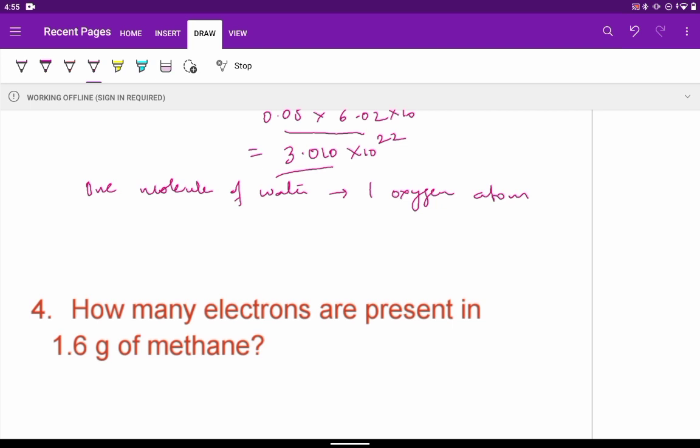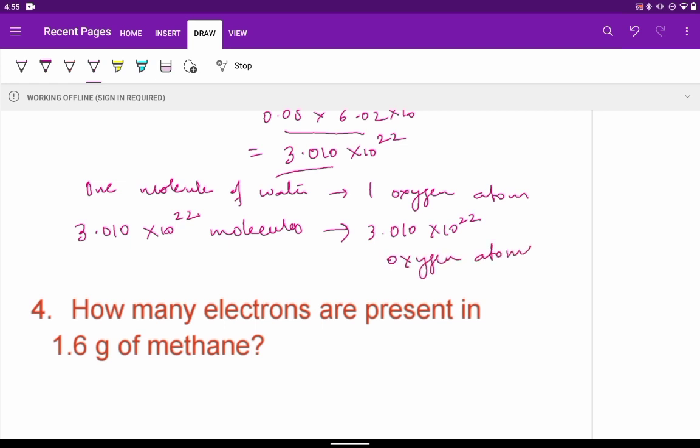So in 3.010 into 10 to the power 22 molecules, there will be the same number of oxygen atoms. That is 3.010 into 10 to the power 22 oxygen atoms. Same number. Because the water molecule is H2O.